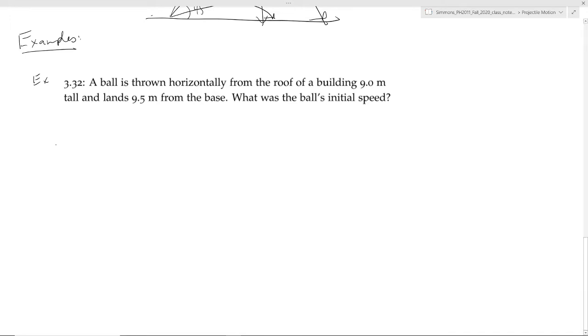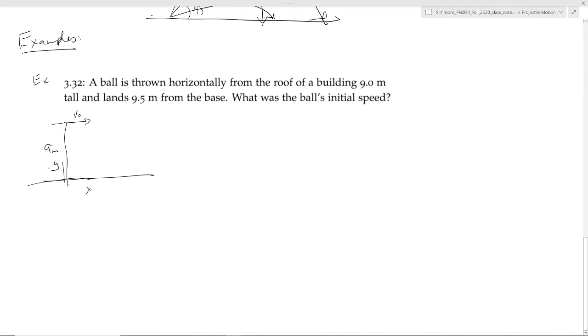So let's make a picture here. We're going to have this building that's 9 meters tall. We know that this thing is going to be thrown horizontally, with some initial velocity. Let's give ourselves a coordinate system.